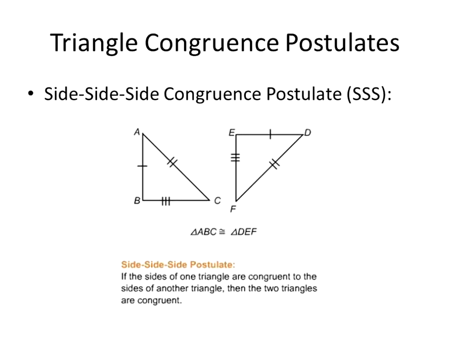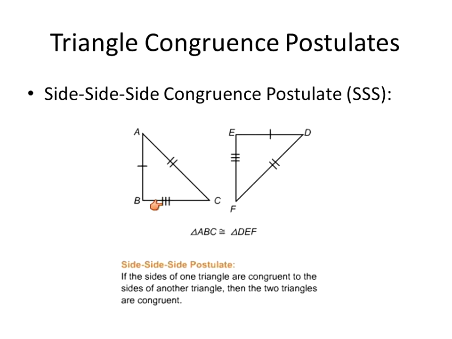If the sides of one triangle are congruent to the sides of another triangle, then the two triangles are congruent. So basically, if I have these two sides congruent, these two sides congruent, and these two sides congruent, then we know the two triangles are congruent. And there are some things that go along with that that we haven't learned yet that explain why that works.